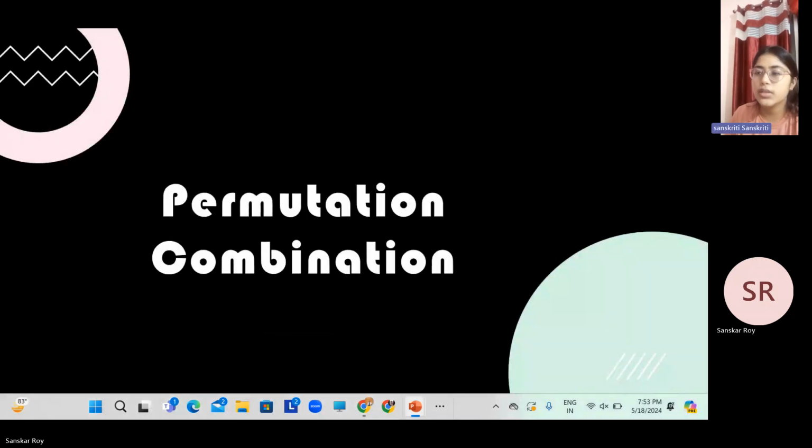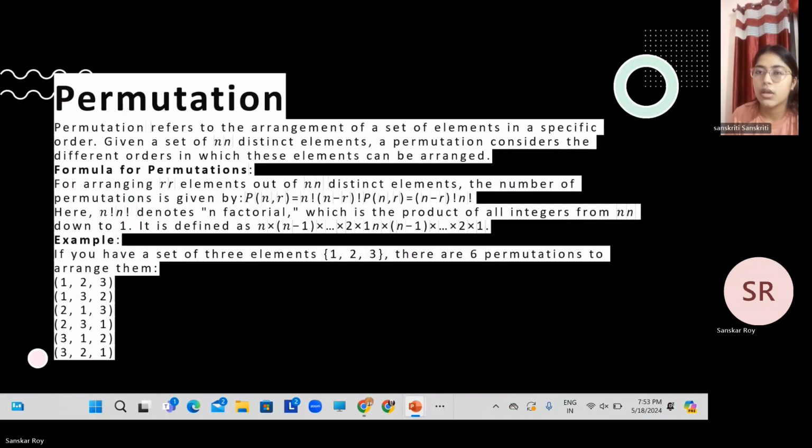Now the next topic is permutation and combination. So what do we mean by permutation? Permutation refers to the arrangement of a set of elements in a specific order. Given a set of n distinct elements, a permutation considers the different orders in which these elements can be arranged.